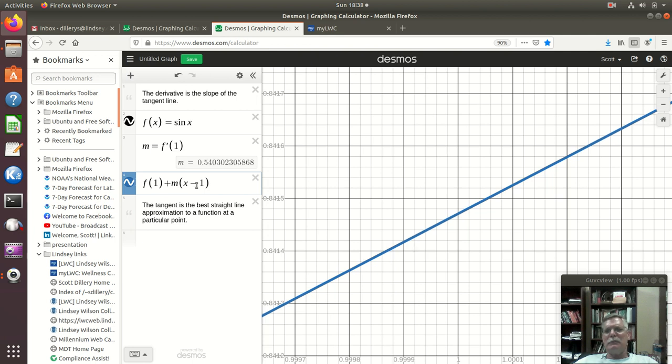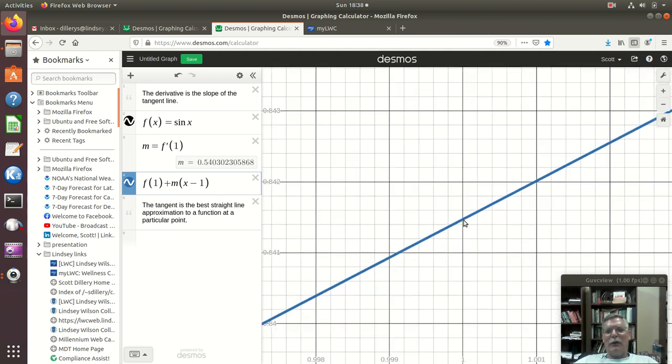This line, which is a straight line, the blue one, and this curve, f of x equals sine x, right here at 1. Now, notice we aren't very far away here, right? We're at 0.9997. Okay, so it's a really good straight line approximation, but not for very long.